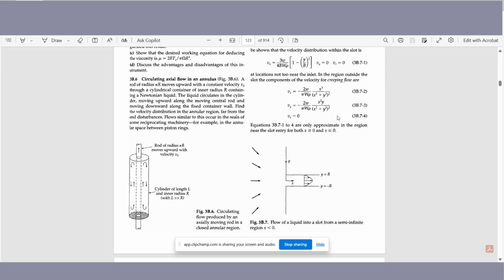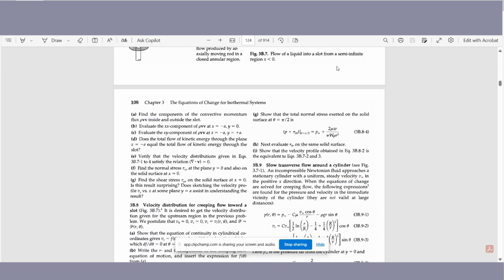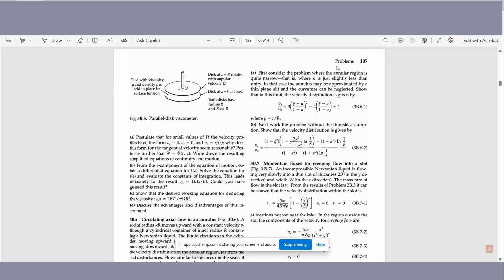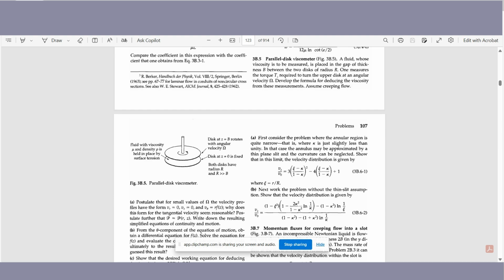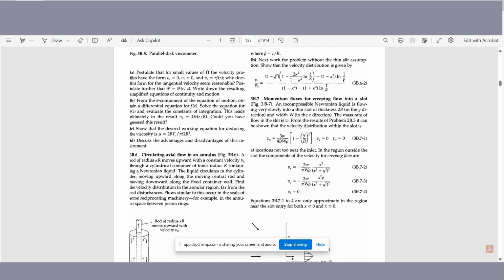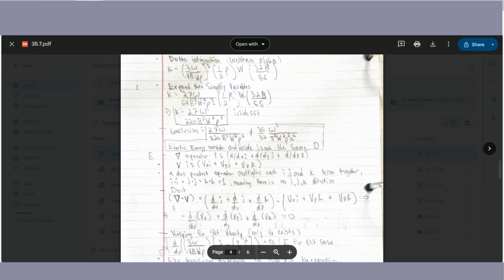And so we're using these equations. Oh, wait. Oh, yeah, no, we do both of them. We do it with these equations and these equations. So yeah, I'm pretty sure I do that.